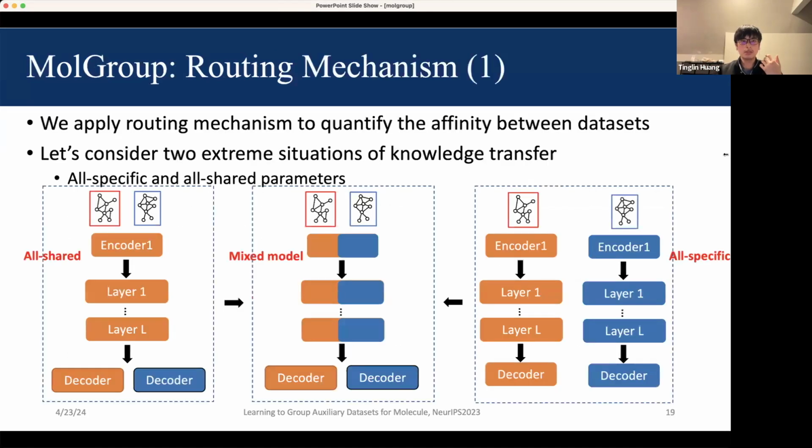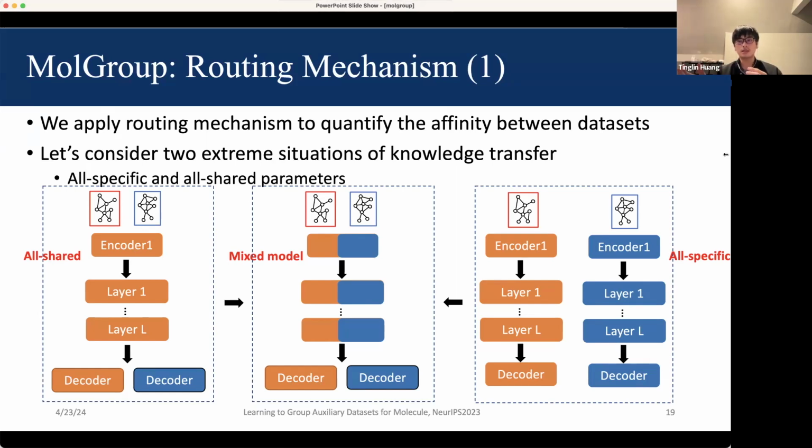In this paper, we propose to use a routing mechanism to quantify the affinity between different datasets. Here are three situations for knowledge transfer. On the left-hand side, all the datasets share all the parameters together, which means that they share all the knowledge in one model.